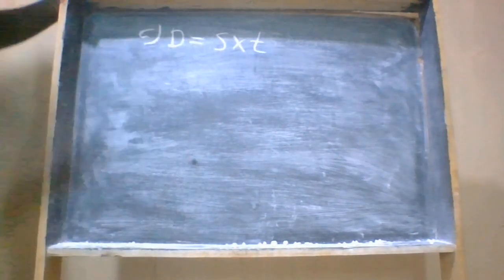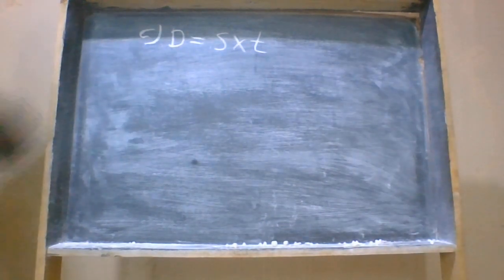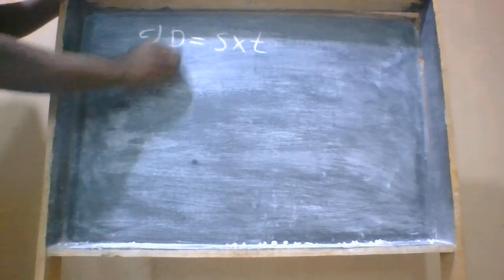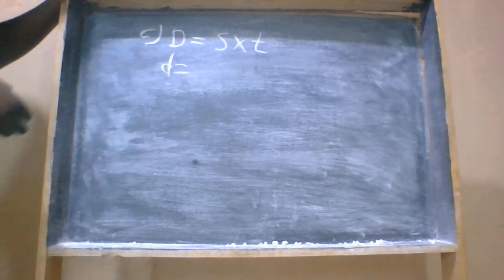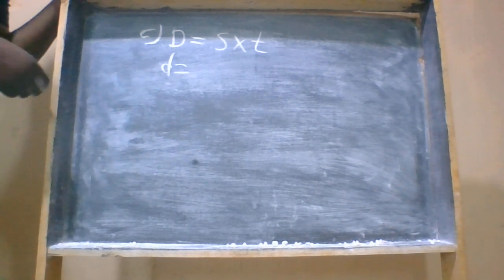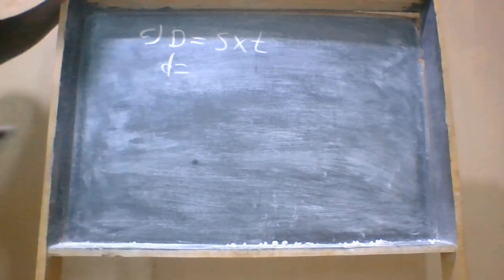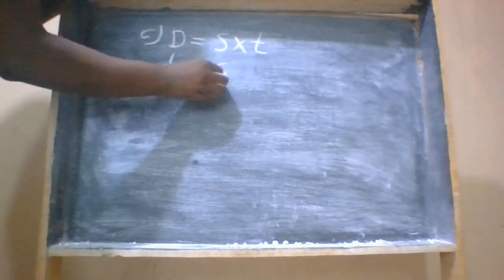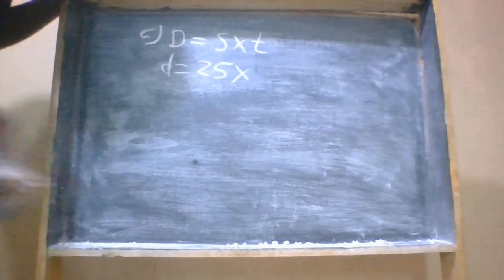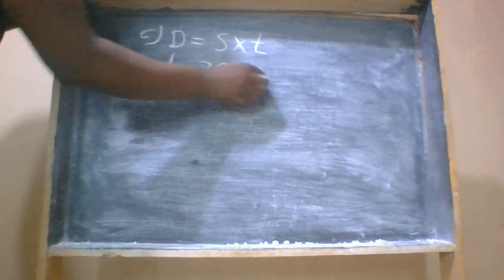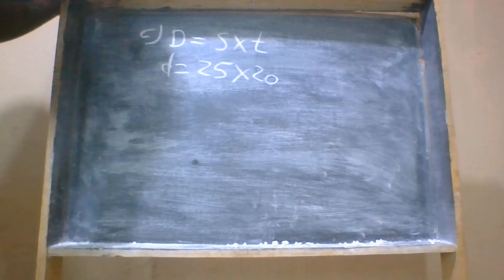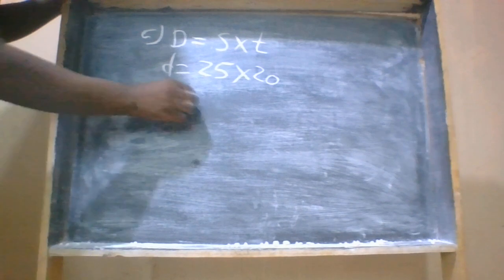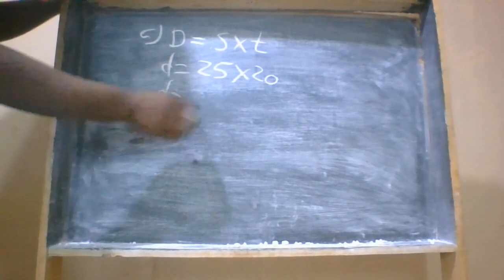Therefore, distance equals, looking at the question, the final velocity is the speed we are going to use here, which is 25 meters per second, times the time we have been given in question C, which is 20 seconds. So distance equals 25 times 20, it's 500.